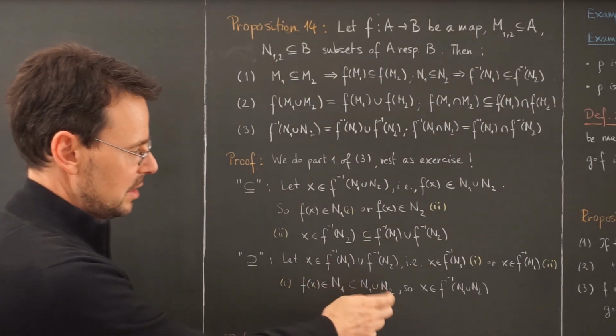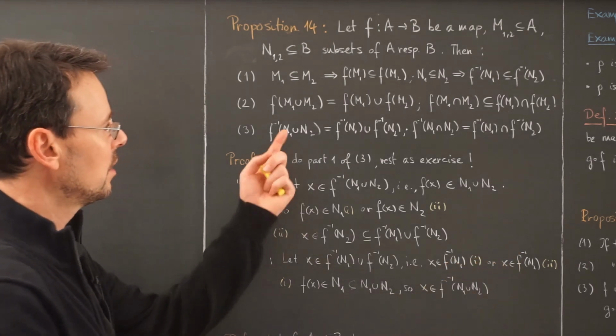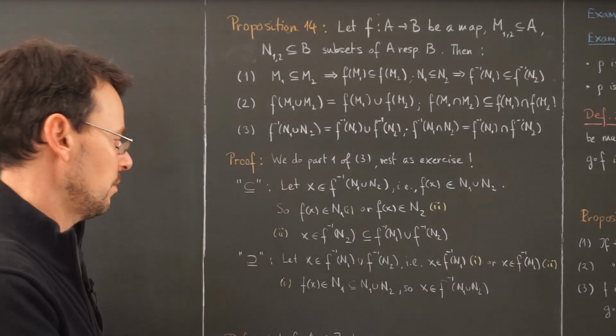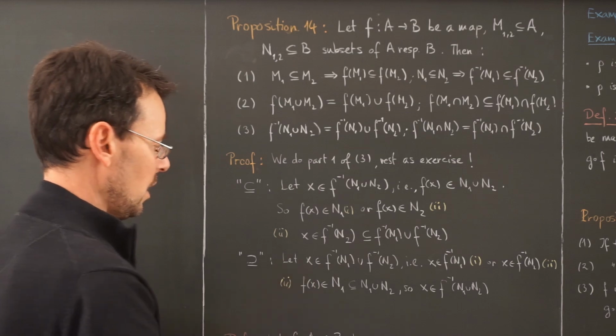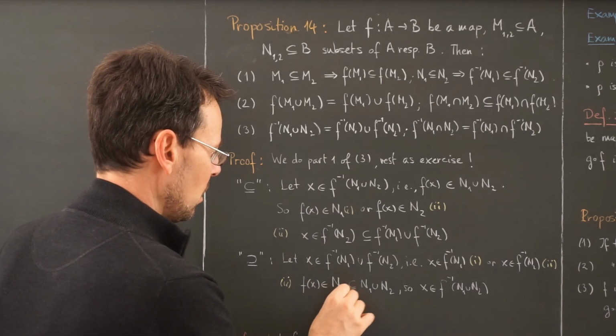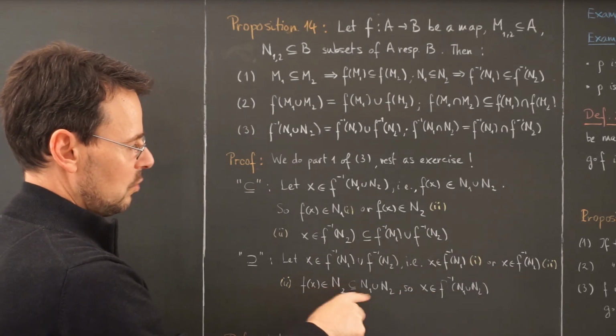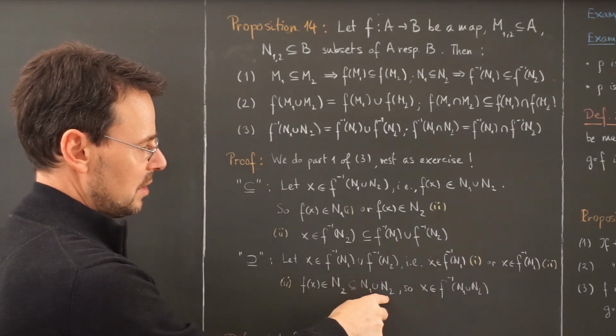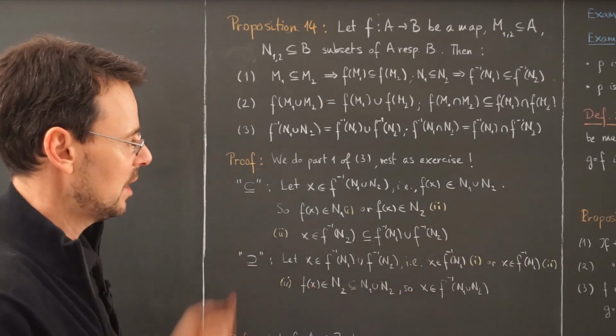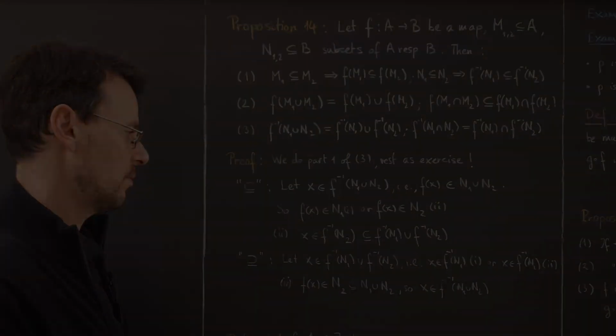Because f of x lies here, x lies there, so this is what we wanted to show. And of course, again, I'm being lazy, if this is the case, then f of x lies in n2, again n2 is a subset of this here, so x lies in this, and this is the proof.